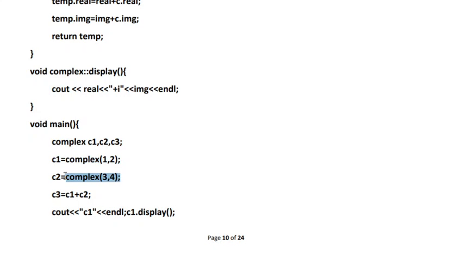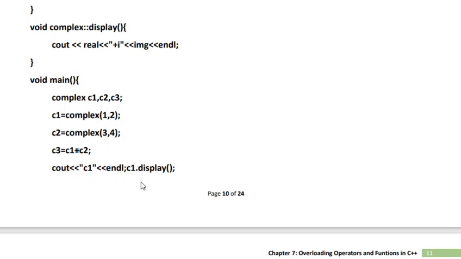Likewise, C2 will initialize the real and imaginary parts with 3 and 4, and then it will add up C1 and C2 and store the result in C3. So here we have made a function call to the operator function. It's a binary plus, and what it's capable of doing is adding up the contents of two complex numbers, right?